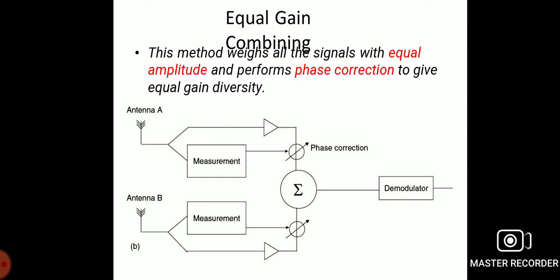By applying equal gain combining, it is convenient for the receiver to get back the signal. One of the demerits of this method is that it degrades the signal to noise ratio by 0.5 dB at the output of the combiner. If two branches are involved, or even 10 branches are involved in the reception, then the signal to noise ratio degradation would be roughly up to 1 dB.